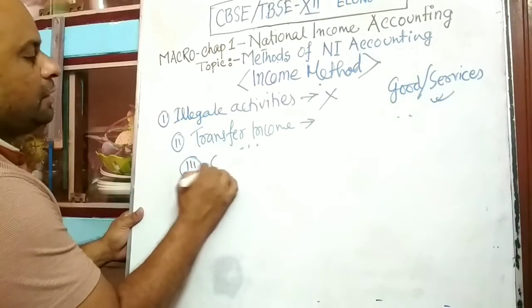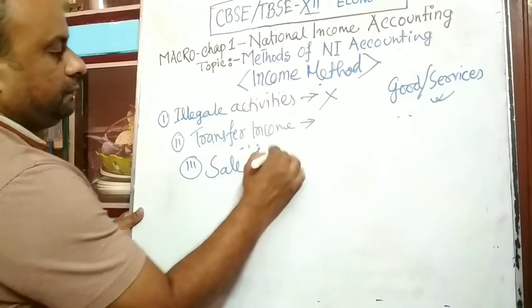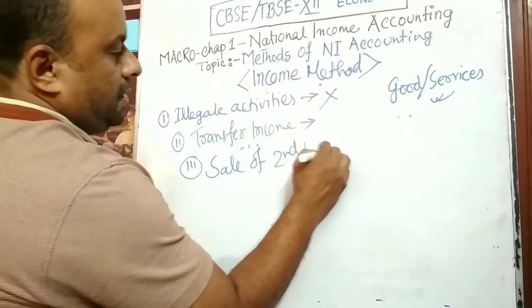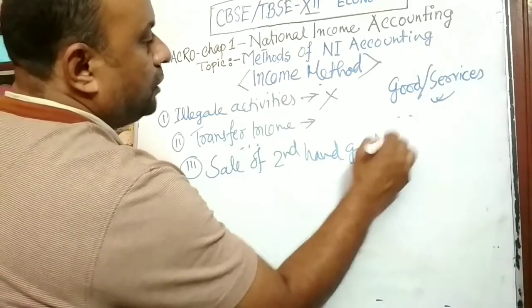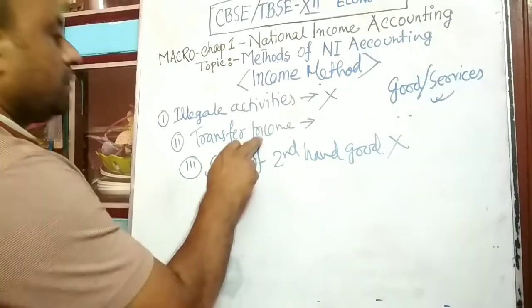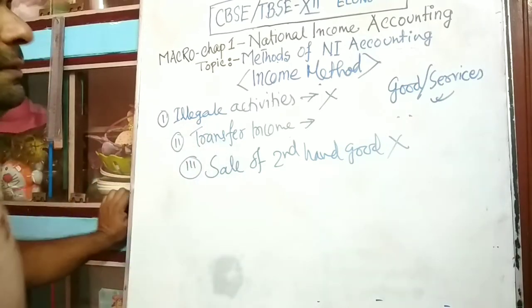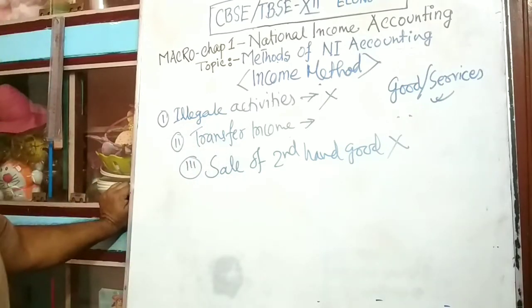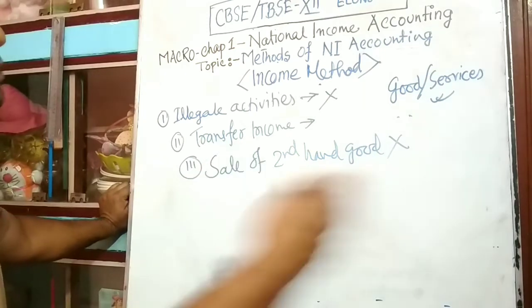Income from sale of second hand good is not included in national income. Suppose I want to sell my old house. Whatever income I get, it will not be included because nothing is produced. Only ownership changed from one person to another person.